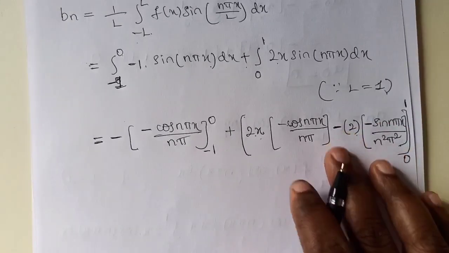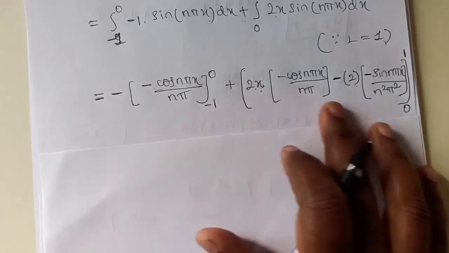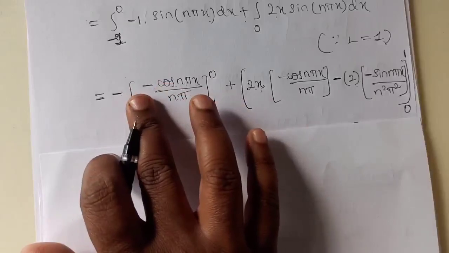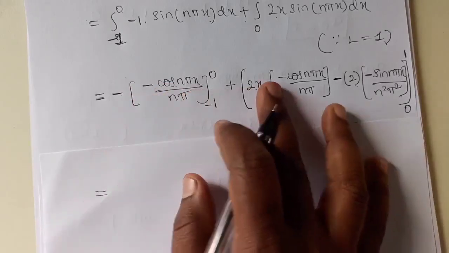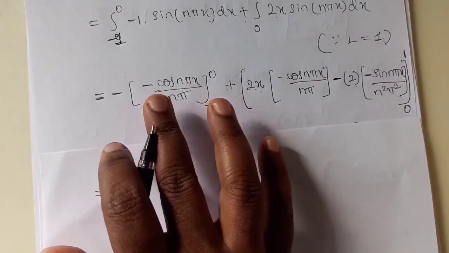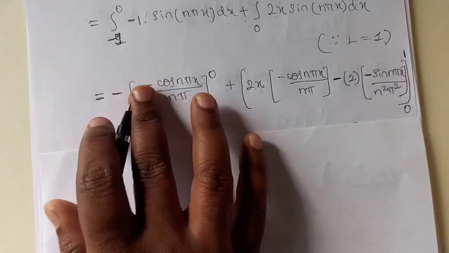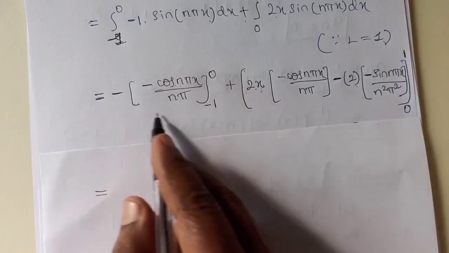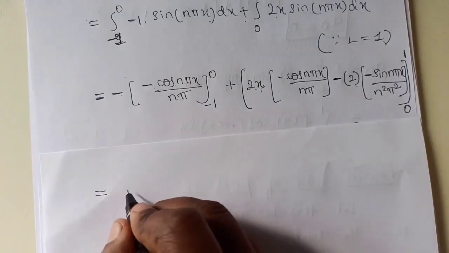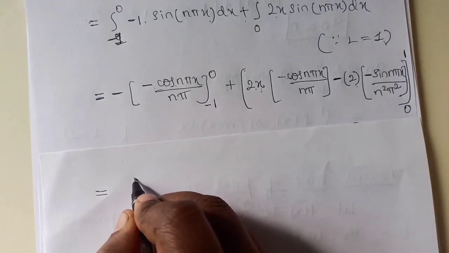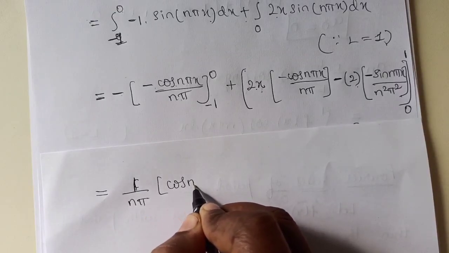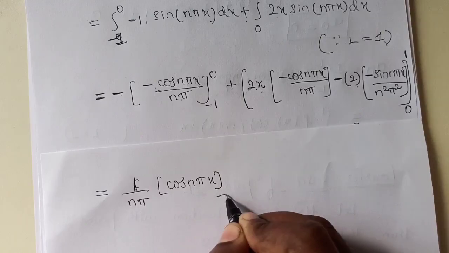In the next step we get differentiation of 2 is equal to 0. Now this can be further simplified. First we calculate all the signs here, that is we simplify these signs. This becomes minus 1 minus into minus plus, we add the limits for this one, or simply we write minus into minus plus 1 by n pi can be taken outside, we apply limits only for this cos n pi.